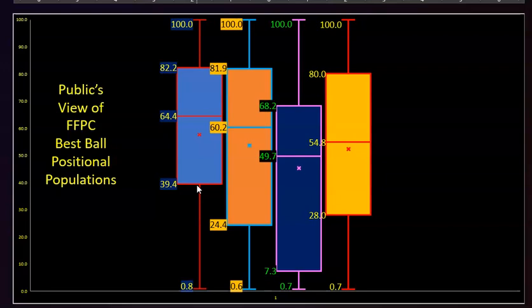However, running backs, you're not seeing that kind of stacking next to each other. There's a broader distinction and difference there. A little skewed to the top, which you would predict. People have a very positive view of running backs and what they're doing and what they could be, versus the bottom. It's hard to imagine who the handcuffs are.